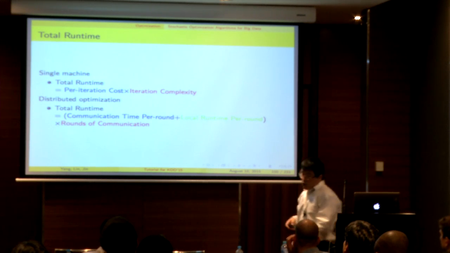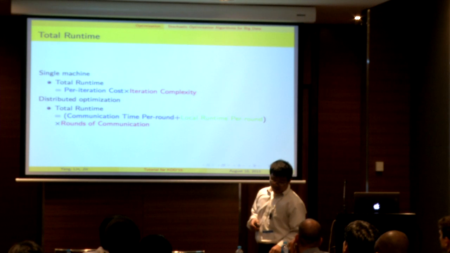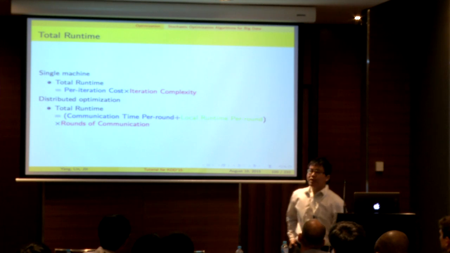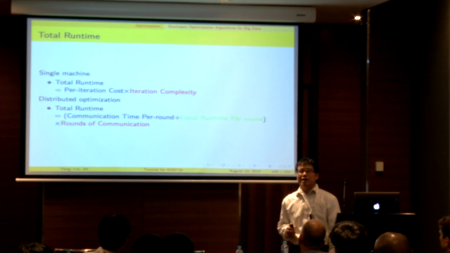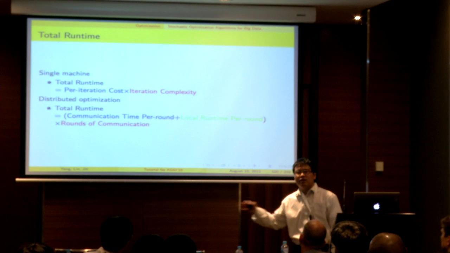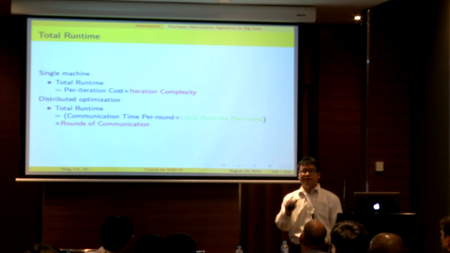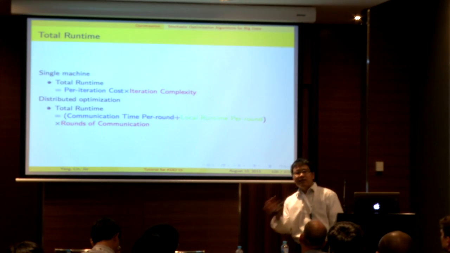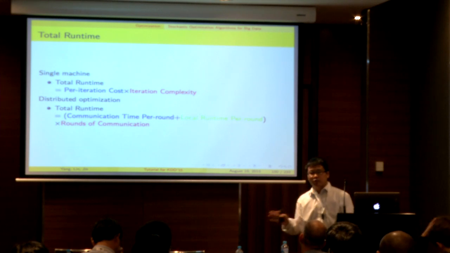But as I mentioned at the beginning, when we talk about distributed methods, you cannot just look at how much time you spend on each machine, because communication time sometimes dominates the local runtime. You may run a local algorithm for 10 seconds, but your communication may take a few minutes if the network is really bad.